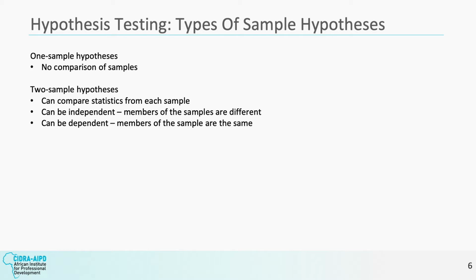In the case of 2 dependent samples, the members of the 2 samples are the same people. The samples may have been taken pre- and post-experiment, or they may have been taken longitudinally. For example, are students of the 2020 AIPD graduating class taller or shorter than those of the 2021 graduating class?